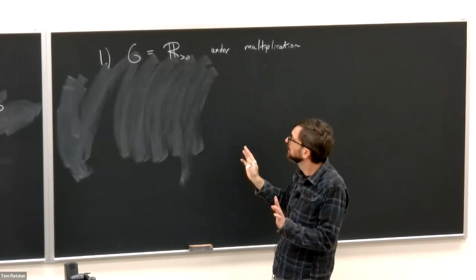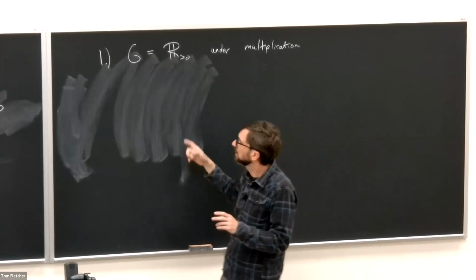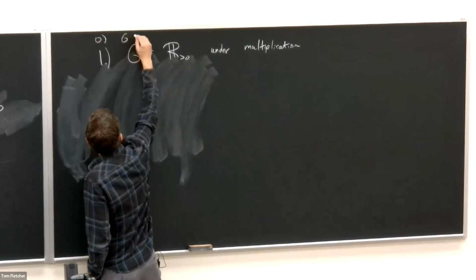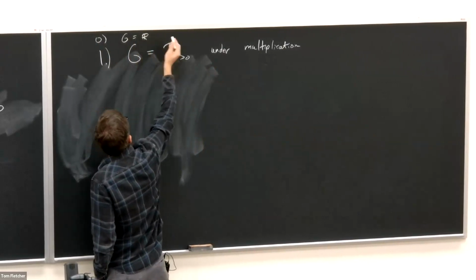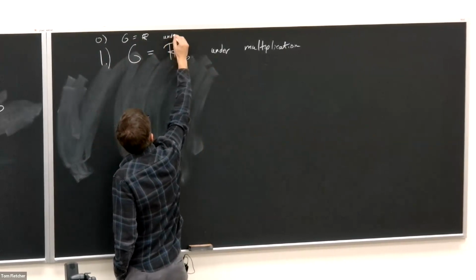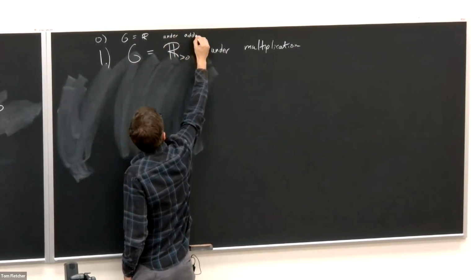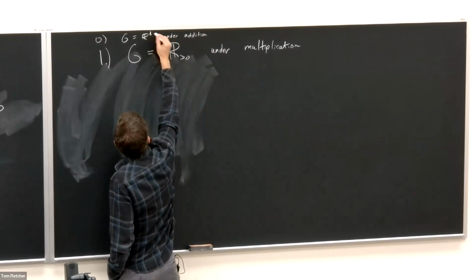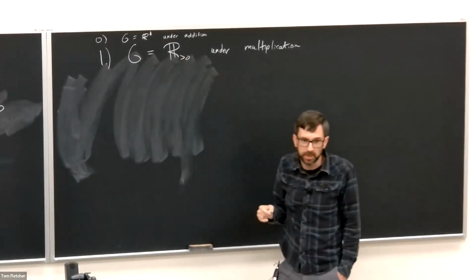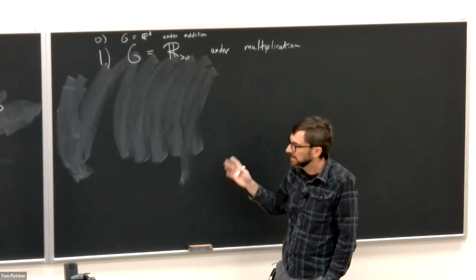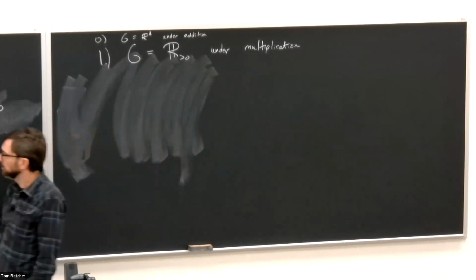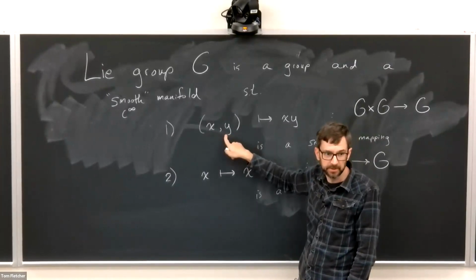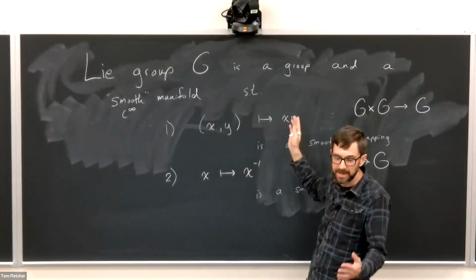I should say that maybe I should have done a 0 example, which is just G equals the real numbers, the real line under addition. And I can extend that to D-dimensional vectors as well. And be careful, the group operation here is I take two numbers or two vectors, and this xy would mean add them.